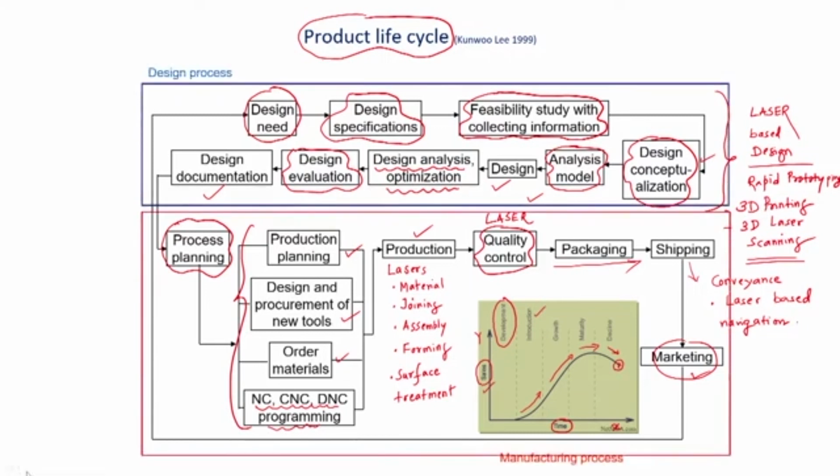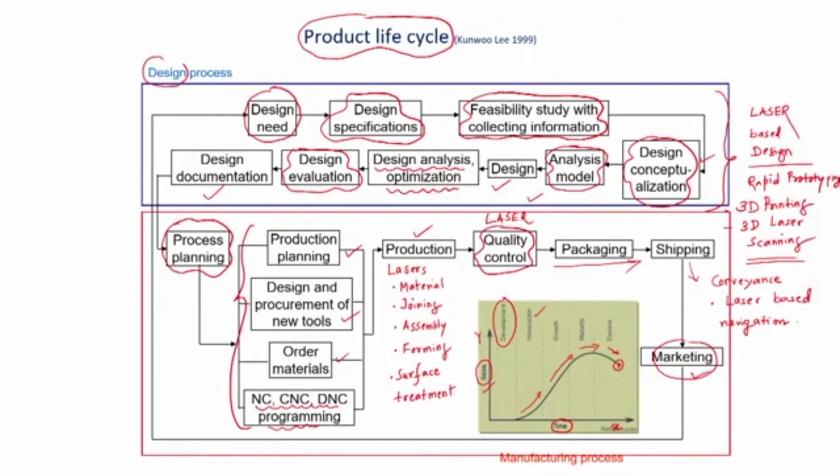Now, when we try to club these entire activities in two groups, we can easily identify there are activities which are pertaining to design, that we call design process, and there are certain activities which are pertaining to manufacturing.